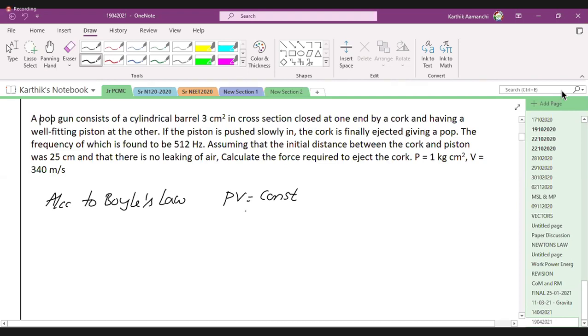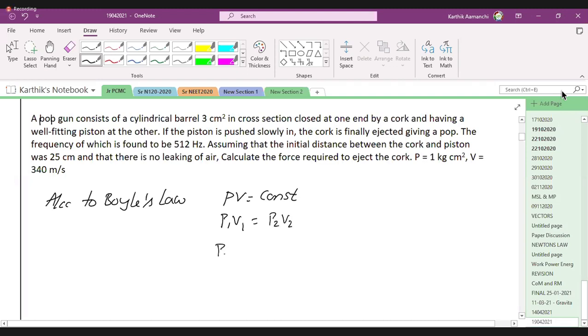Calculate the force required. So I'm going to go for Boyle's law because there is no leakage of air, and if you see your pressure is changing and your volume is also changing. So P1 V1 is equal to P2 V2.